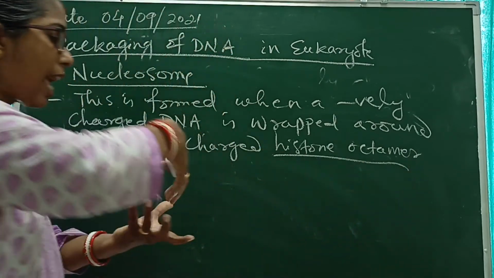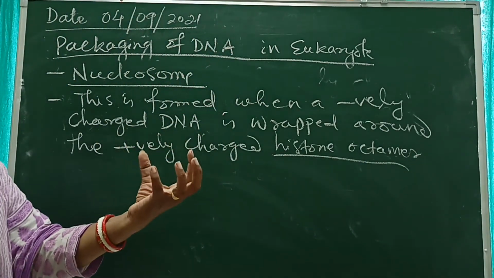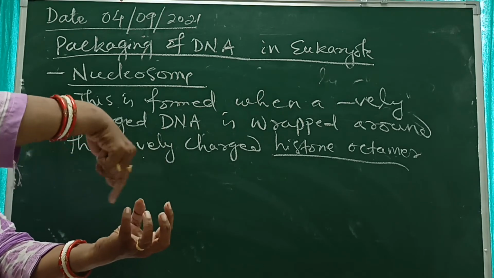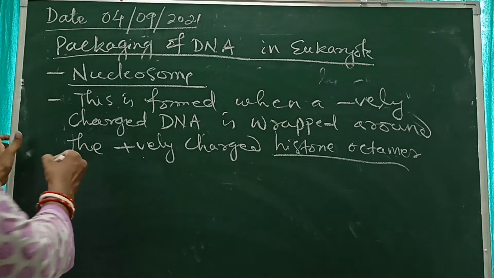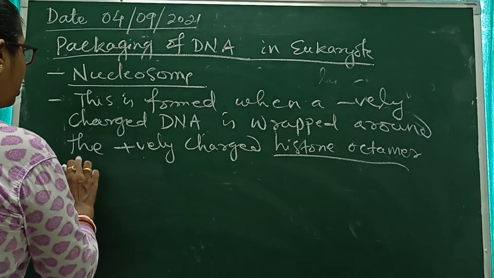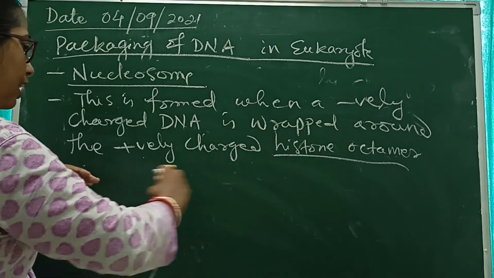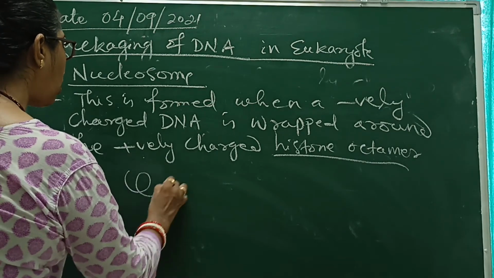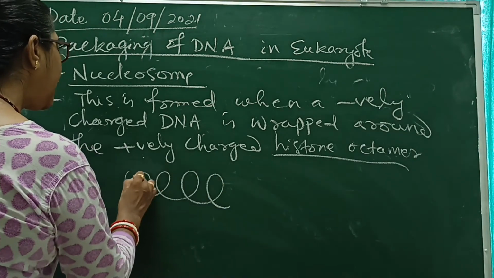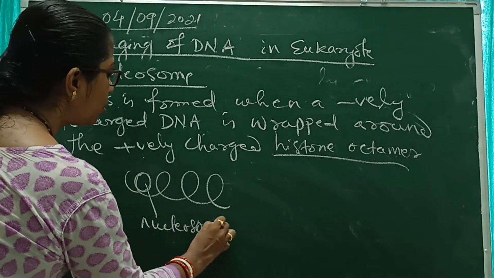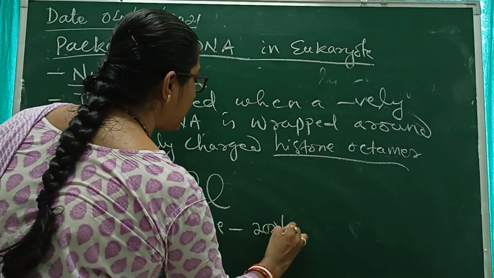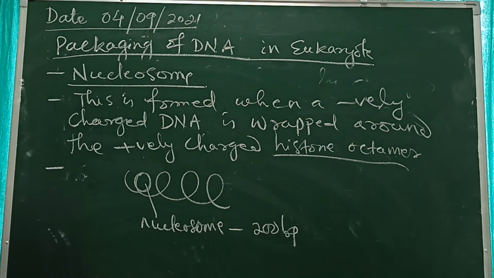Okay, it gets wrapped like this. Suppose the histone octamer is a ball and the DNA wraps around it like this, and it forms a unit that is called nucleosome. In a chromosome there is one long DNA and that DNA coils like this. So this is a nucleosome, and each nucleosome contains approximately 200 base pairs. So what is the number of base pairs in the nucleosome?